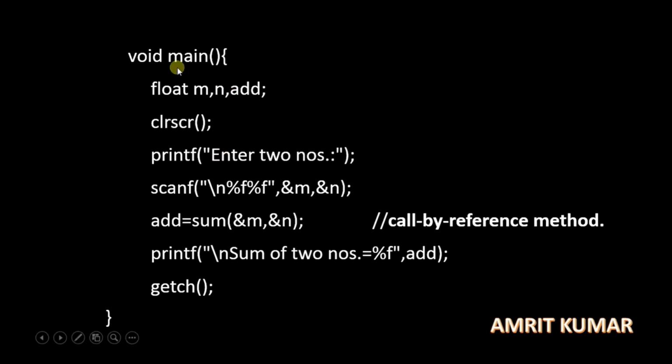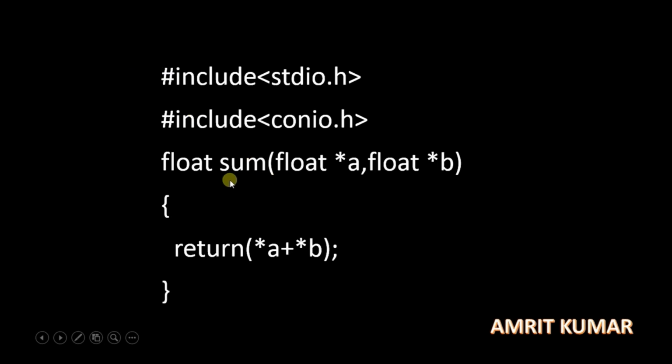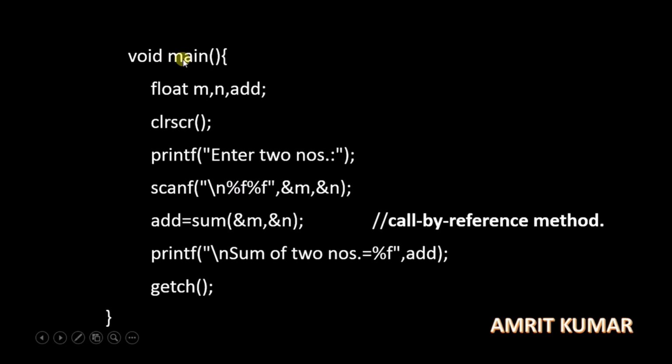Here you will see that I have used the main function, which is returning void, meaning empty. It is not going to return any value, whereas the sum function is returning a float value.